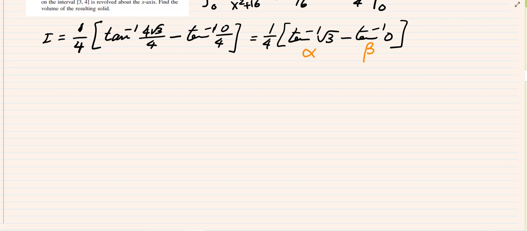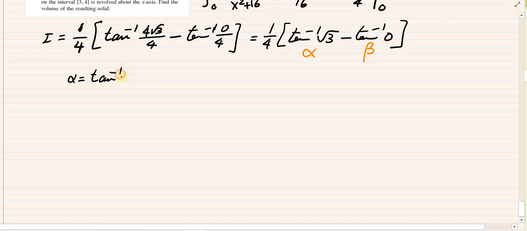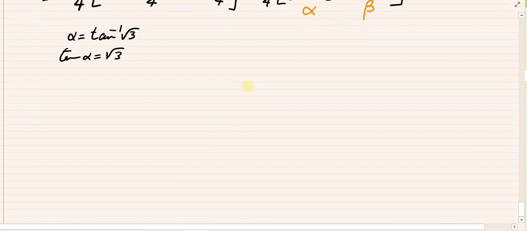If I call those angles alpha and beta, then alpha is arc tan of root 3, which means tangent of alpha is root 3. I need to draw a triangle. This is going to be a special angle: 1, 2, root 3. This is 60 degrees. Tangent is opposite over adjacent, so the reference angle is pi over 3 or 60 degrees.